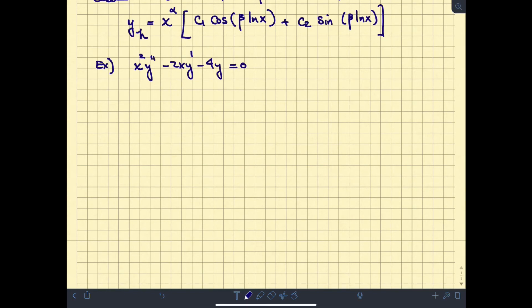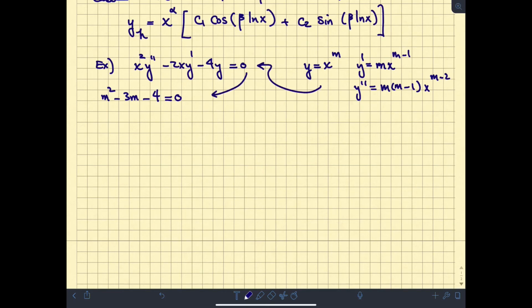Now, if I write the characteristic equation here, I'll have m squared minus 3m minus 4 equal to 0. You should be able to derive this characteristic equation by assuming your fundamental solution to be x to the m and taking the appropriate derivatives of this, plugging it into the differential equation, and coming up with that characteristic equation.